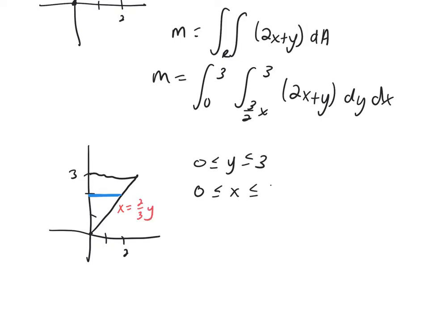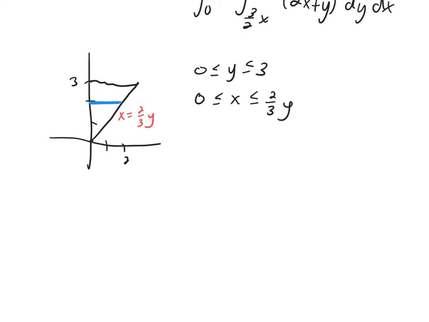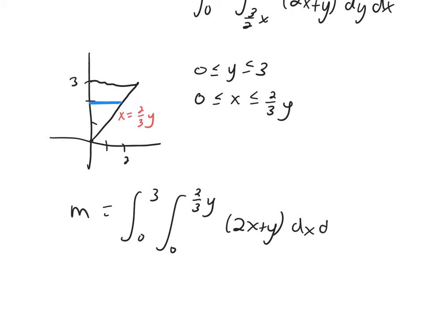So that's the upper bound there, 2/3 y. And so now I can set up the integral as M. It's the integral from 0 to 3, 0 to 2/3 y, of 2x plus y, dx dy.